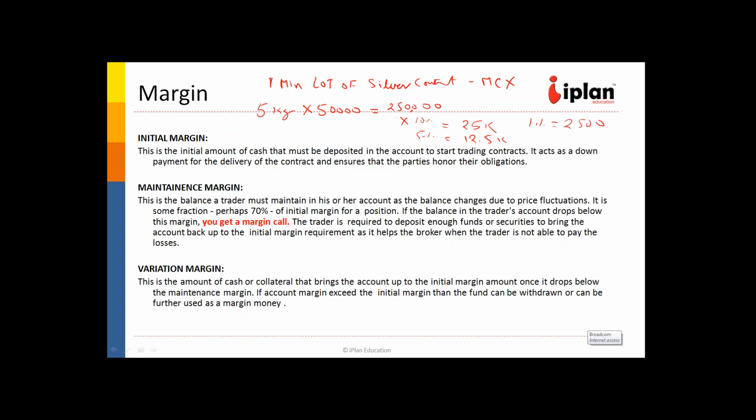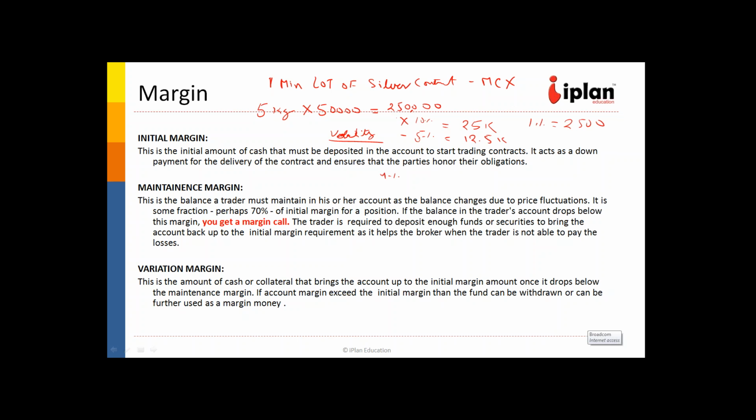But normally the initial margin very much depends on the volatility of the contract, the pricing of the underlying asset. Let's say the underlying asset is highly volatile, with a volatility of 4% daily.